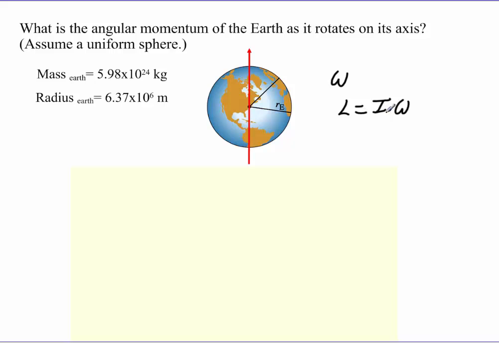But again, you have to treat I as a solid sphere, and the angular velocity is based on the time, 24 hours. Get it into radians per second, and that will tell you what your angular momentum is going to be.